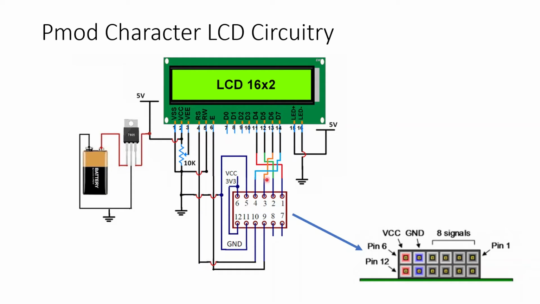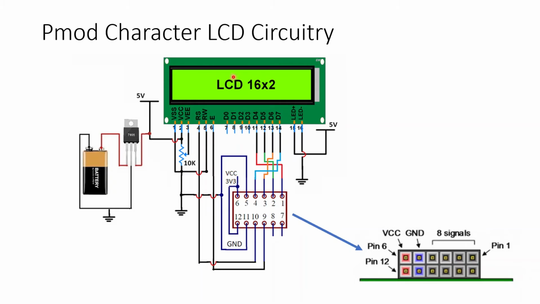These are the data and command pins. Then we have enable and register select connected to pin 9 and pin 10 of the PMOD respectively. Then we have ground, which is connected to the common ground of the LCD, and the VCC of the PMOD is just left open.